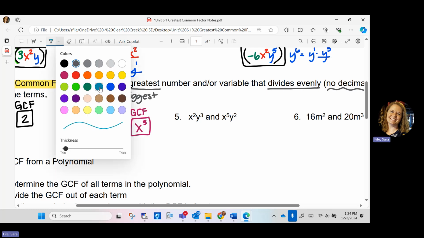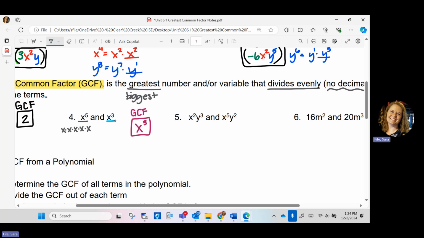And if I've got x cubed, that means I've got 3 x's being multiplied. So the most that I can take out of both is 3, right? I can't take away more than there are, can I? So 3 is the highest exponent that can be taken out of both. If that helps you understand, you're just looking for the smallest exponent in these cases.